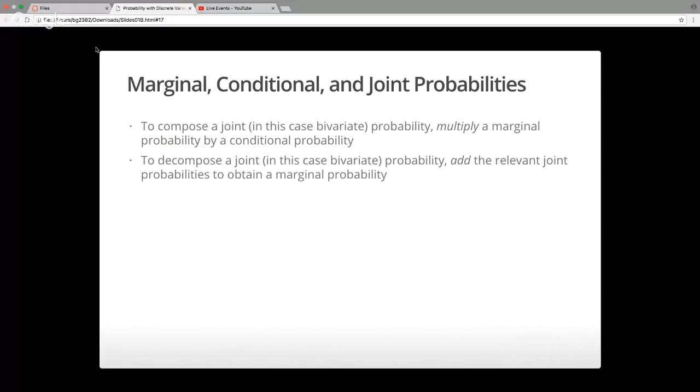If we have a joint, we can sum over the rows, we can sum over the columns, depending on which one we're interested in, to get a marginal probability of knocking down X1 pins on the first roll, irrespective of what happens on the second roll, or knocking down X2 pins on the second roll, irrespective of what happens on the first roll. So we can either compose a joint probability with a marginal and a conditional, or we can decompose a joint into either marginal by using addition.